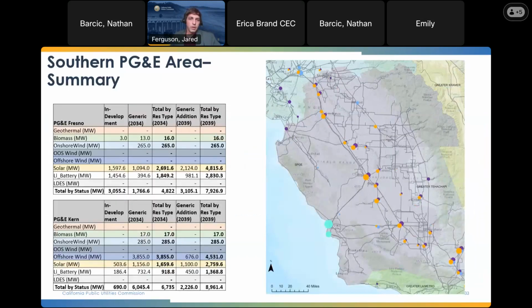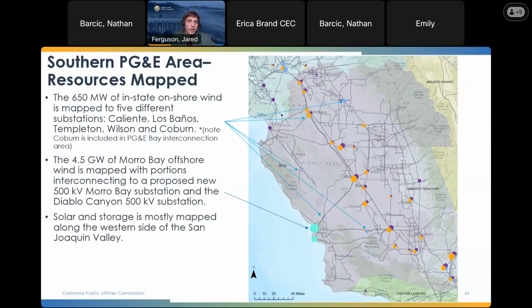We can skip this one. Just noting here that we have about 650 megawatts of in-state wind mapped to 5 different substations in the Central Valley area and on this Central Coast area. And we have the 4.5 gigawatts of offshore wind all mapped to the Morro Bay resource area.